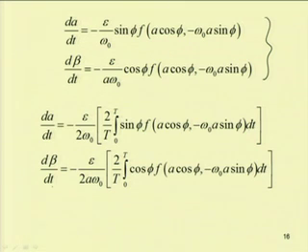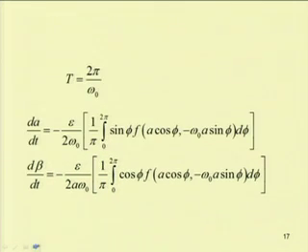Similarly, for d beta by dt, by averaging, one can write minus epsilon by 2 a omega 0, 2 by T, integral 0 to T of cos phi f a cos phi minus omega 0 a sin phi dt. As T equal to 2 pi by omega 0.